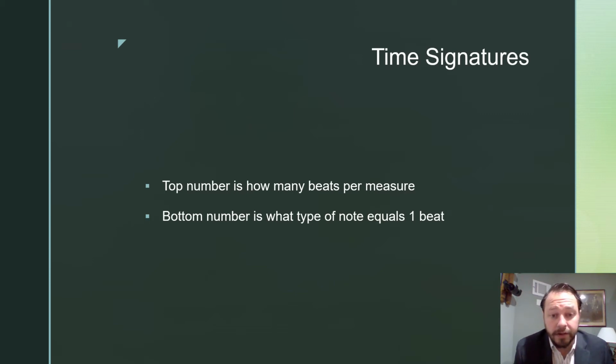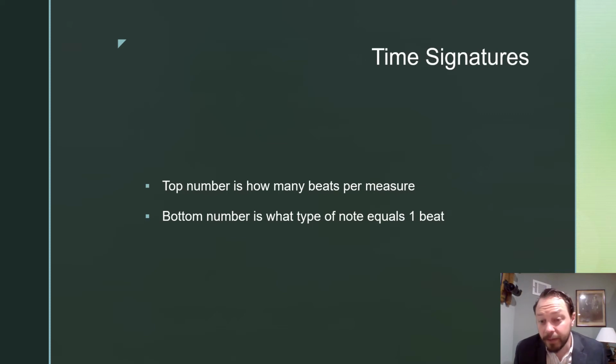The bottom number of the time signature equals what type of note gets one beat. We're going to talk about the different types of notes coming up. The top number is how many beats. If the top number is 4, then there are 4 beats in a measure.